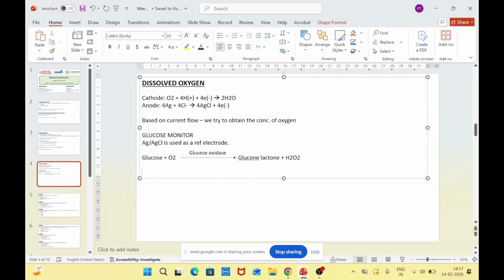This particular reaction happens only in the presence of glucose oxidase. In the absence of glucose oxidase, glucose reduction is not possible. Here the concentration of the glucose is measured by the concentration of the H2O2 that gets generated within the system.